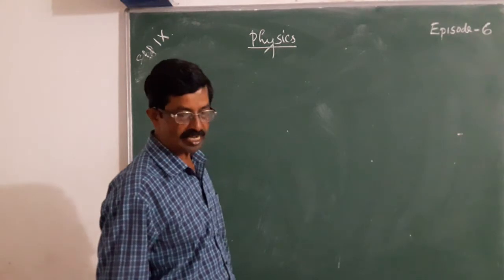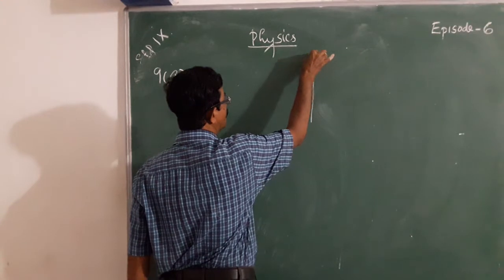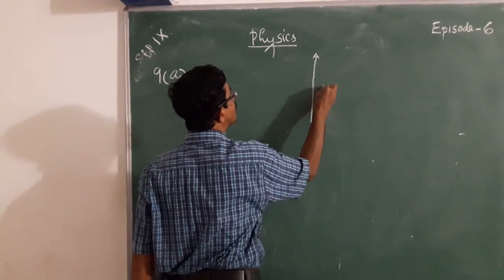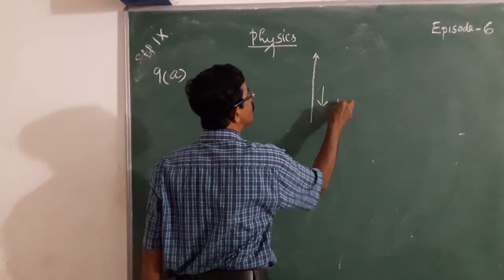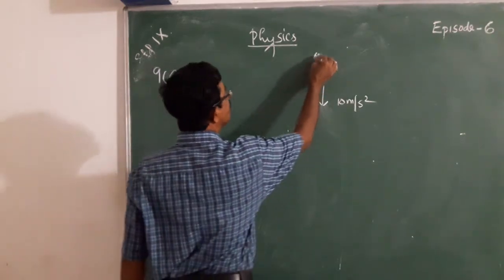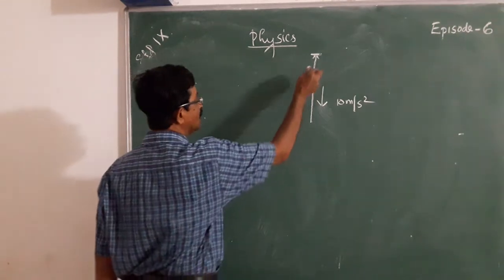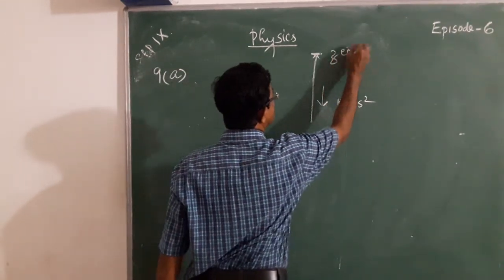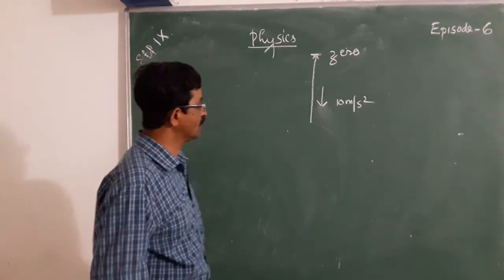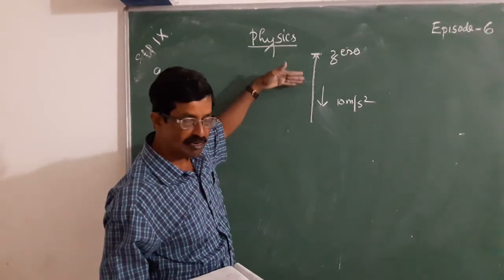Suppose we throw a stone in the upward direction. When the stone is moving upward, its velocity is gradually decreasing, but there is acceleration of 10 meters per second squared in the downward direction.